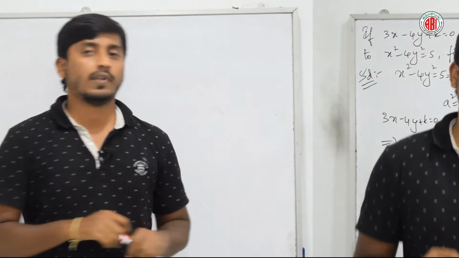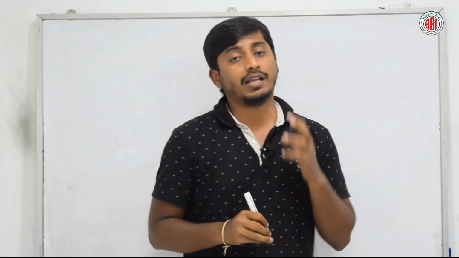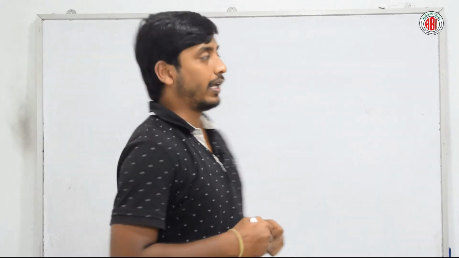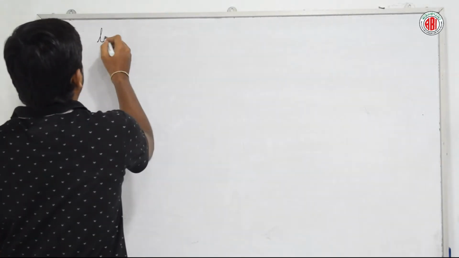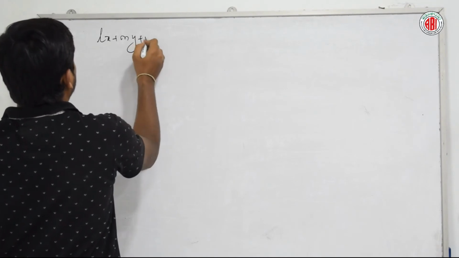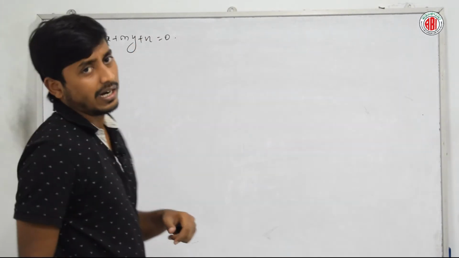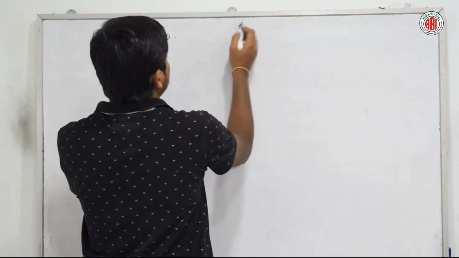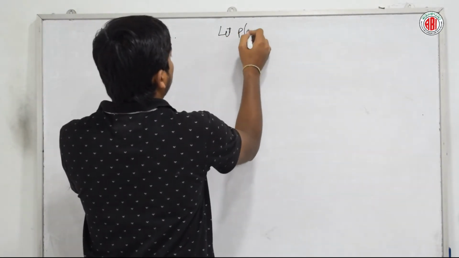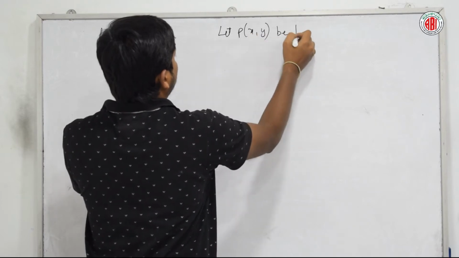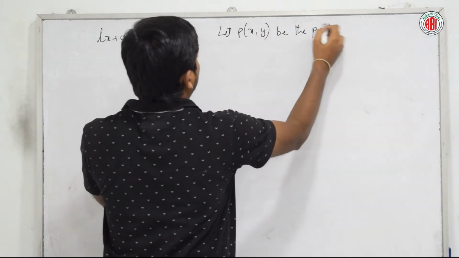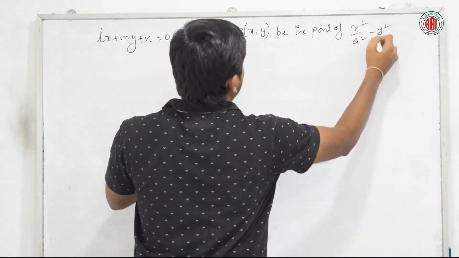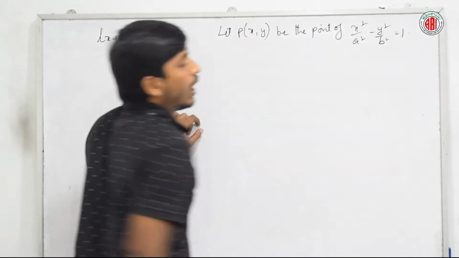Let's do. Till now we discussed the equation of tangent which is in the form of y equal to mx plus c. What if it is in the form of lx plus my plus n equal to 0? How will the condition change? Let us do that. That is, let P of x comma y be the point on our hyperbola x square by a square minus y square by b square is equal to 1.